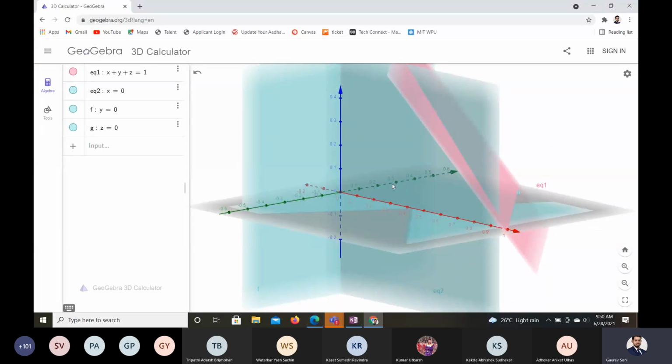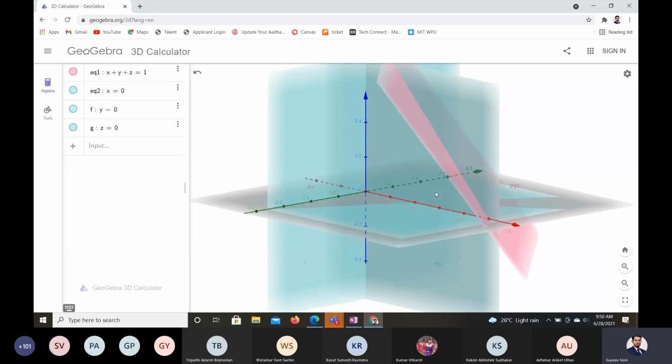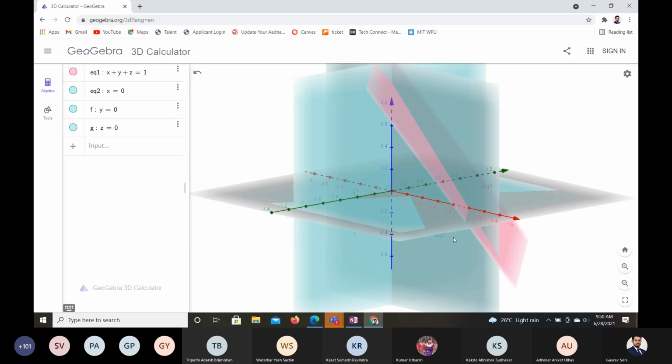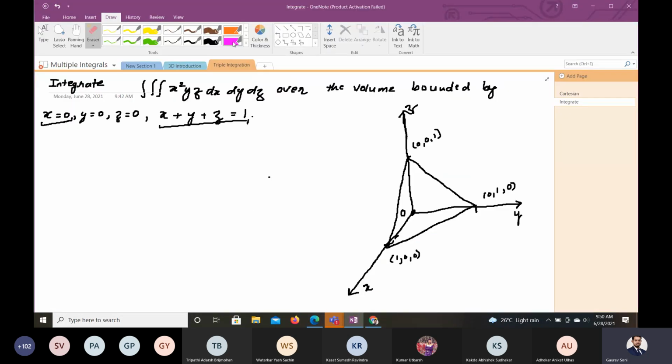So this tetrahedron, the middle part there, is bounded by the coordinate planes and the plane x plus y plus z equal to 1. So over that region, I will actually have to integrate.